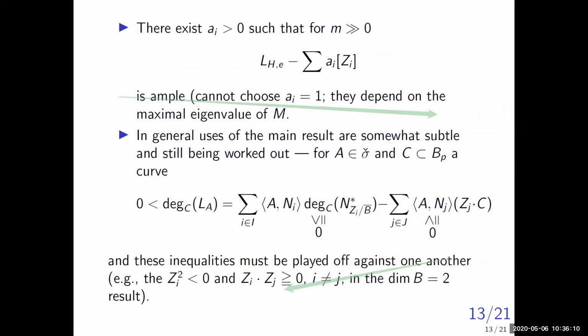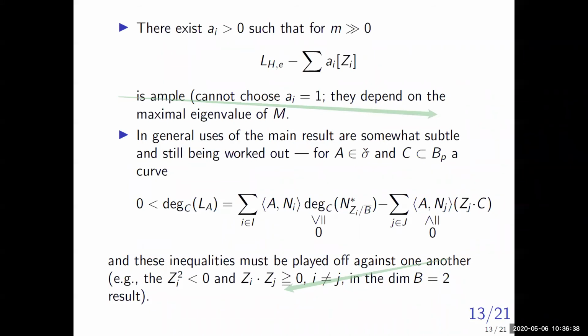A global result concerns the Hodge line bundle: there are positive rational numbers a_i, so this is a Q line bundle, such that L, the Hodge line bundle, minus the sum of the a_i Z_i, is ample.